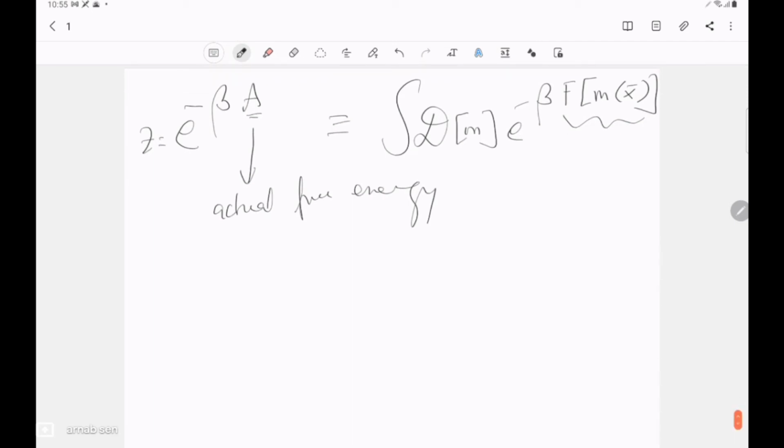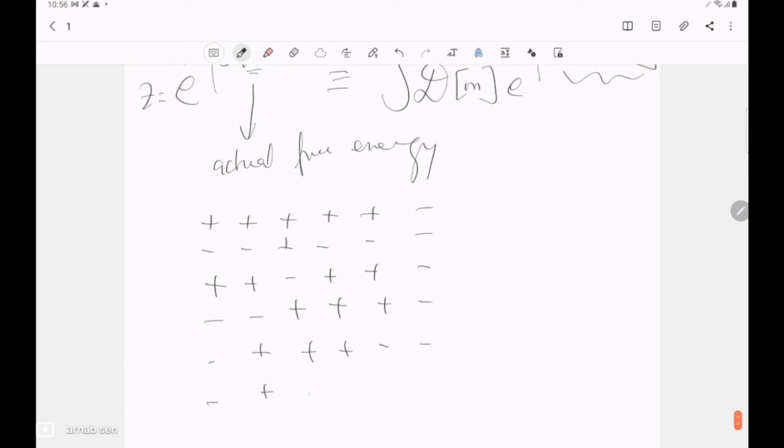But let's think of the Ising model. In the Ising model, the microscopic configuration is maybe a microstate which is like this, in a huge system, in some gigantic system.